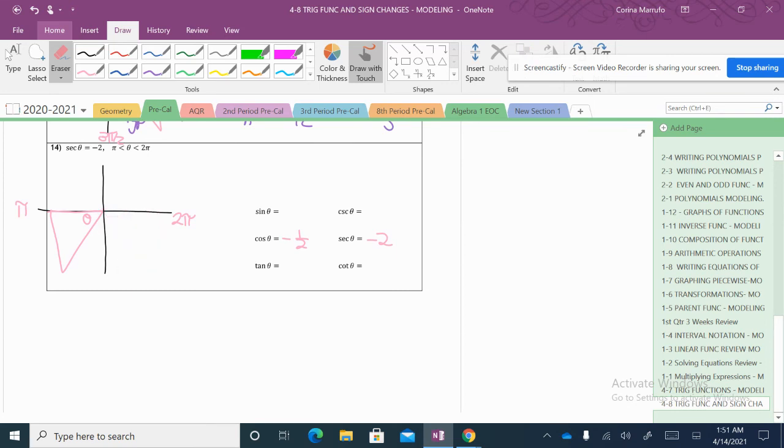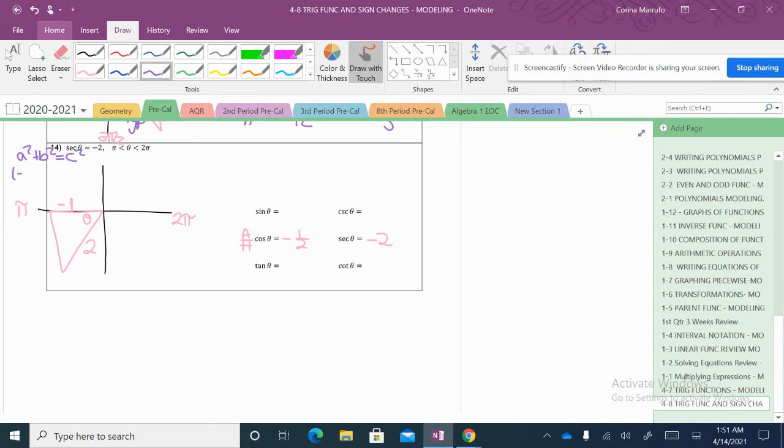Okay. So now that we have our triangle, we know our cosine is adjacent over hypotenuse, which means that my adjacent side here is 1, and it's going to be -1 because my x values are negative on that side, and then this is my hypotenuse, which is 2. So we're going to use a squared plus b squared equals c squared to find my missing side.